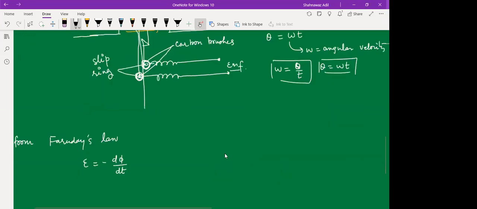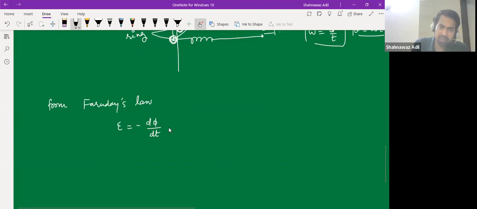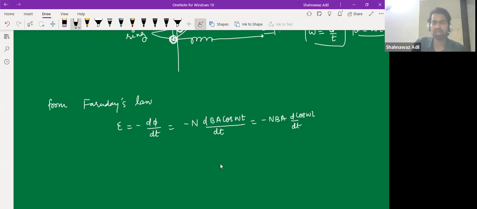So this EMF generated would be how much? This would be minus N d of BA cos omega t divided by dt, right? Your B is constant, A is constant, so it is taken outside. So this is minus N BA and then d by dt of cos omega t, right?